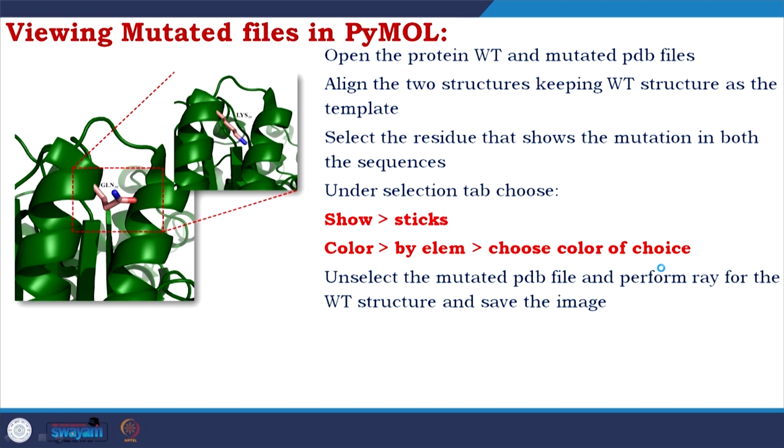So, here you see the residue was glutamine 39 and you make a mutation of this glutamine to lysine to make it lysine 39. So, that is something you have mutated already in WinCoot and now you see it in Pymol and you save it in high resolution for publication.